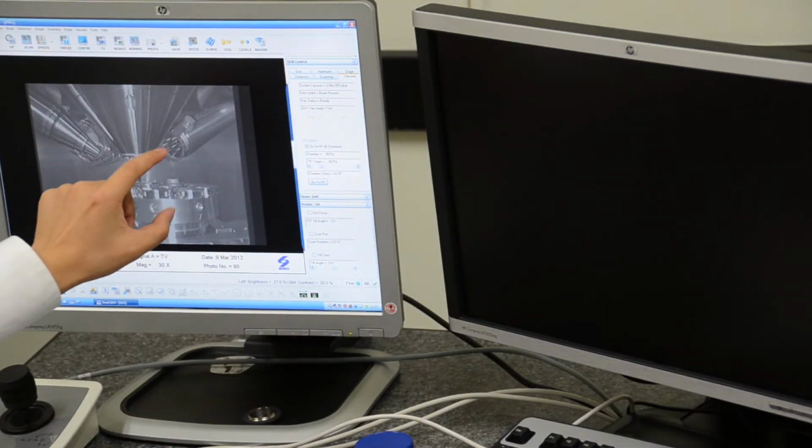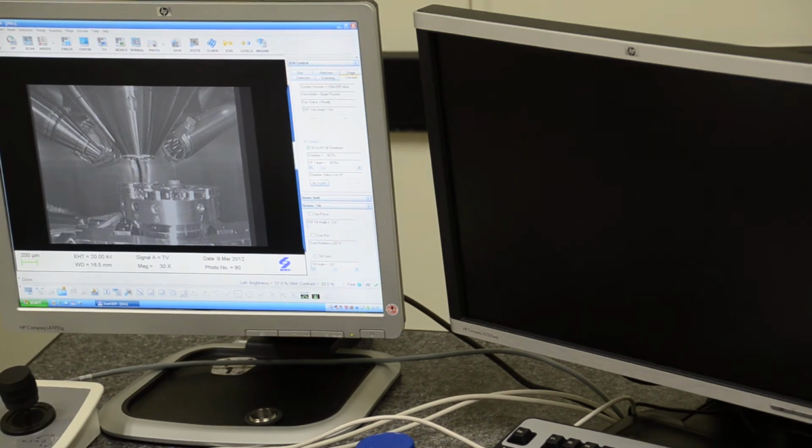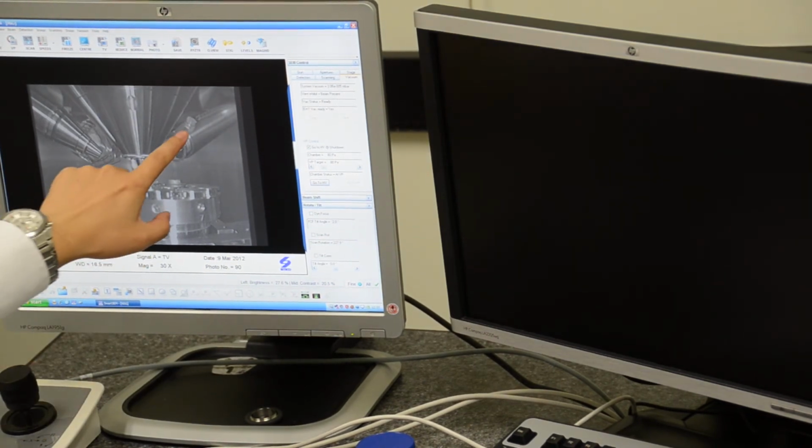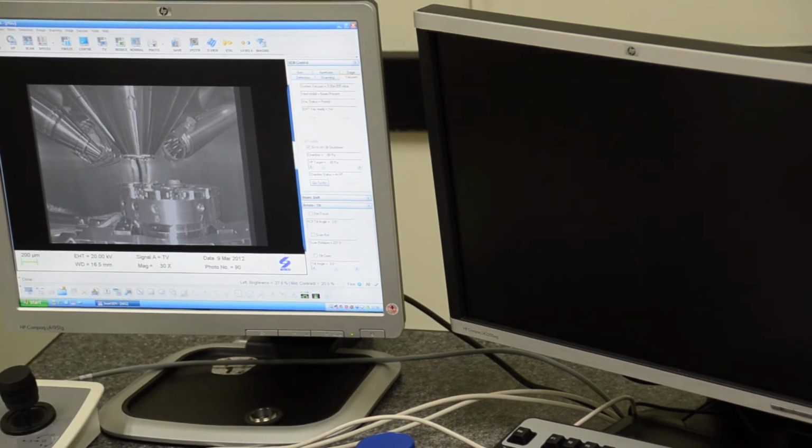But now it's not high vacuum. There are so many molecules there. So there's no way this SE signal can pass through such a long distance without interaction with the molecules and be detected again. That's why we came up with this new design called the variable pressure SE detector.